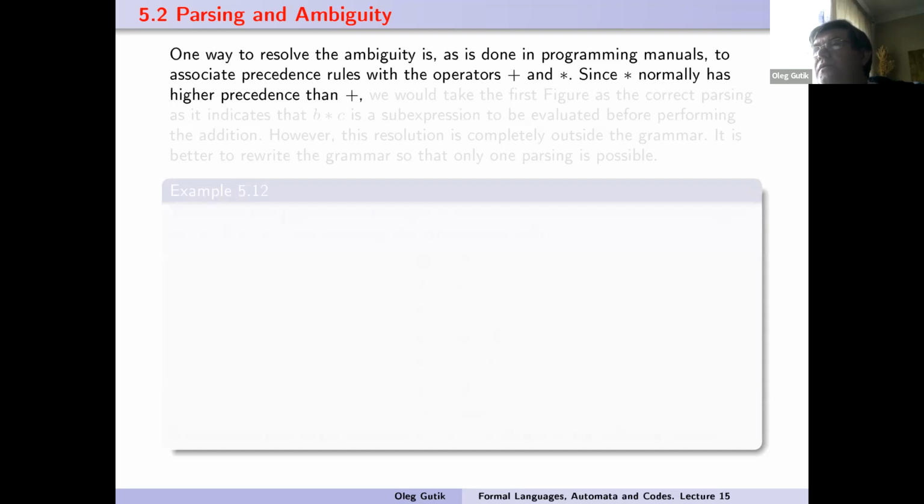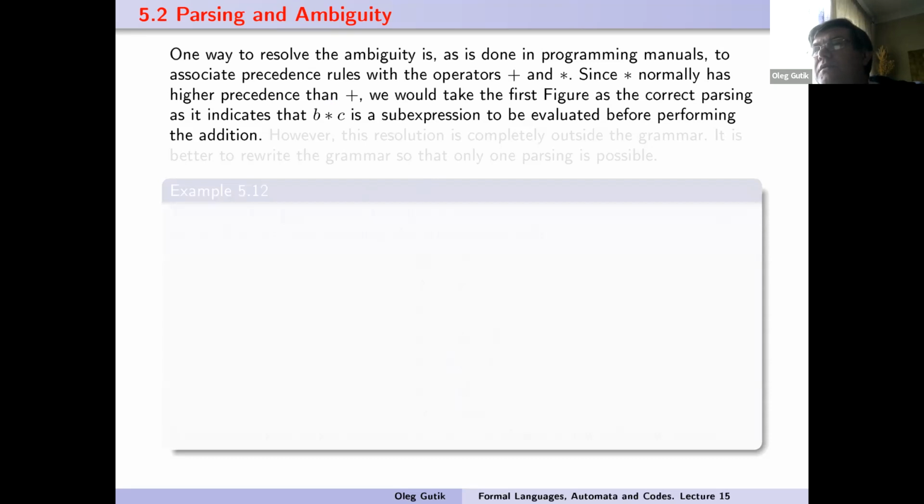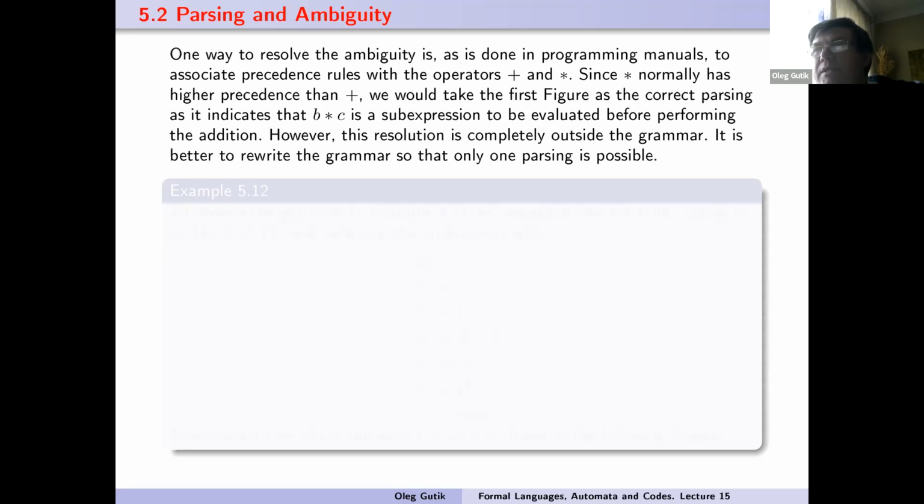Since star normally has higher precedence than the operation plus, we would take the first figure as the correct parsing, as it indicates that b * c is a sub-expression to be evaluated before performing the addition. However, this resolution is completely outside the grammar. It is better to rewrite the grammar so that only one parsing is possible.